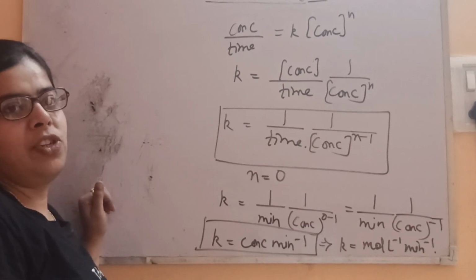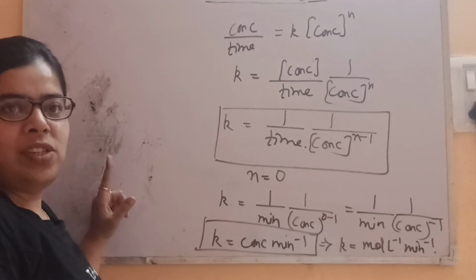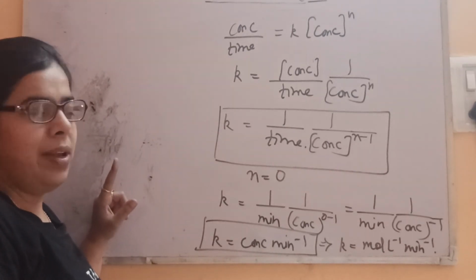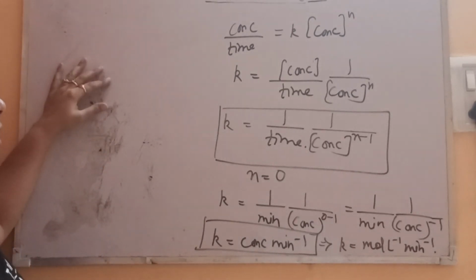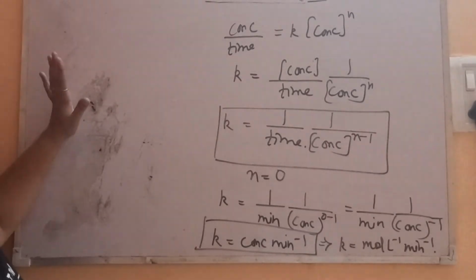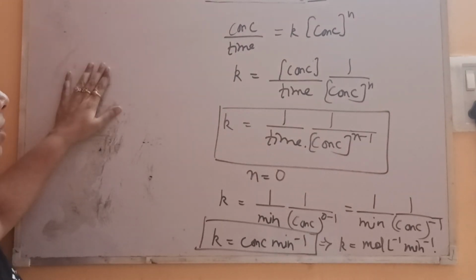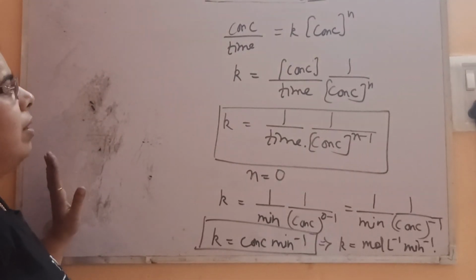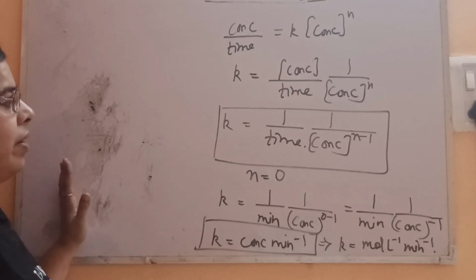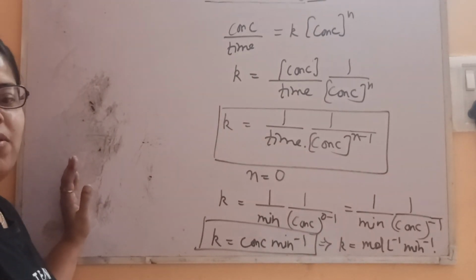There is a difference in the rate law: its coefficients are experimentally determined, whereas A and B in the simple law of mass action rate equation are the stoichiometric coefficients. So this is all about the order of reaction. We'll see in the next class. Till then, thank you and have a nice day.